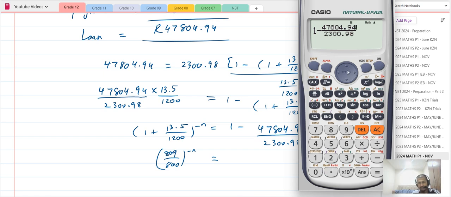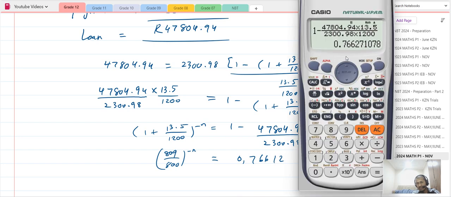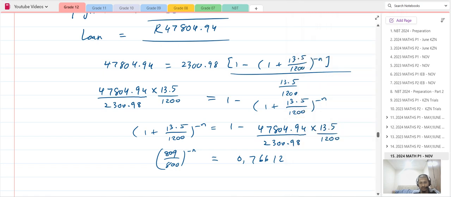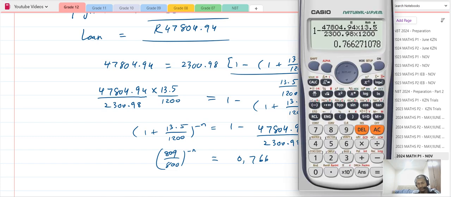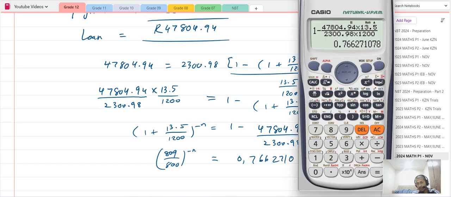multiplied on top by 13.5 and at the bottom by 1200. Right, so I'm getting an answer of 0.766271078.